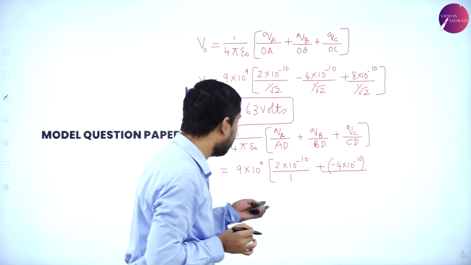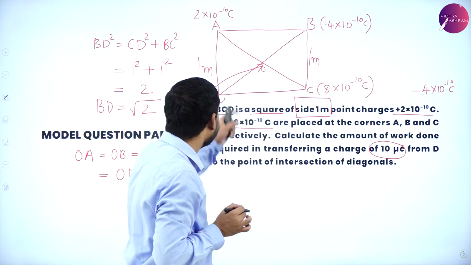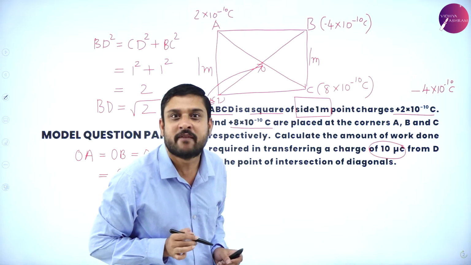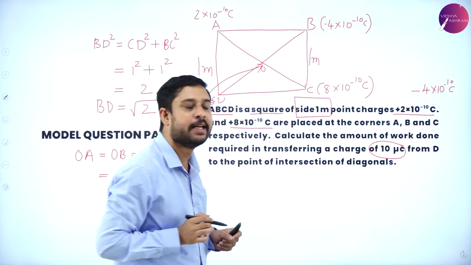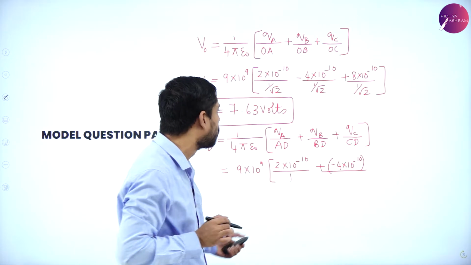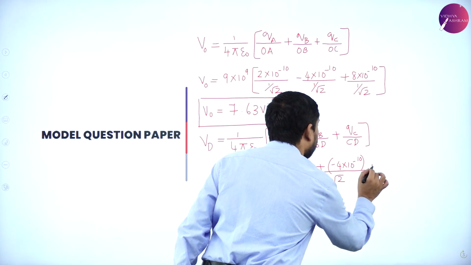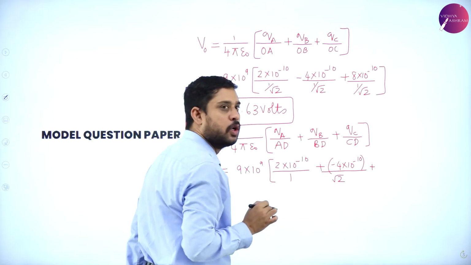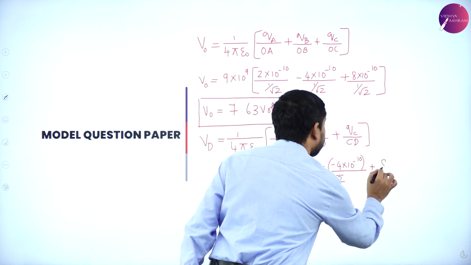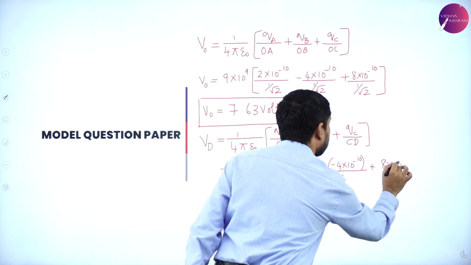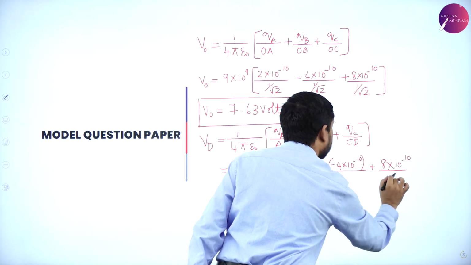Now if you observe, BD is the hypotenuse. So we have to be very careful in substitution. Hypotenuse is root 2. So this is root 2 plus QC again 8 into 10 power minus 10.